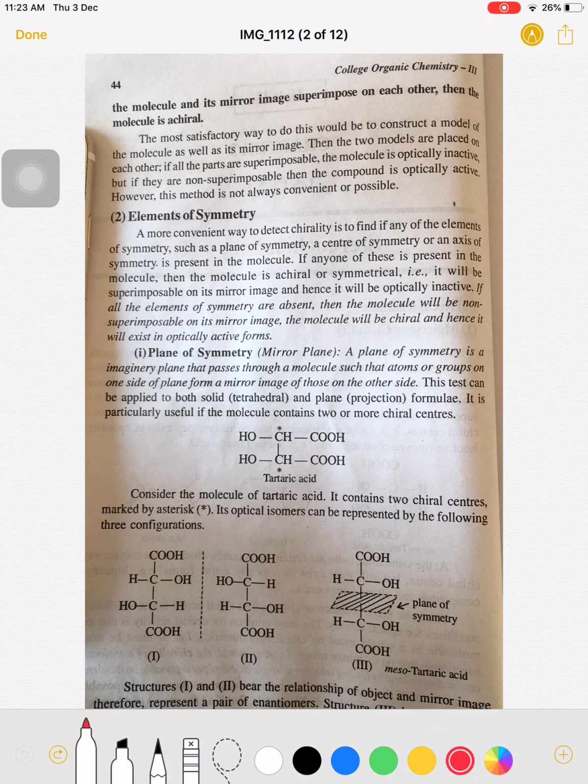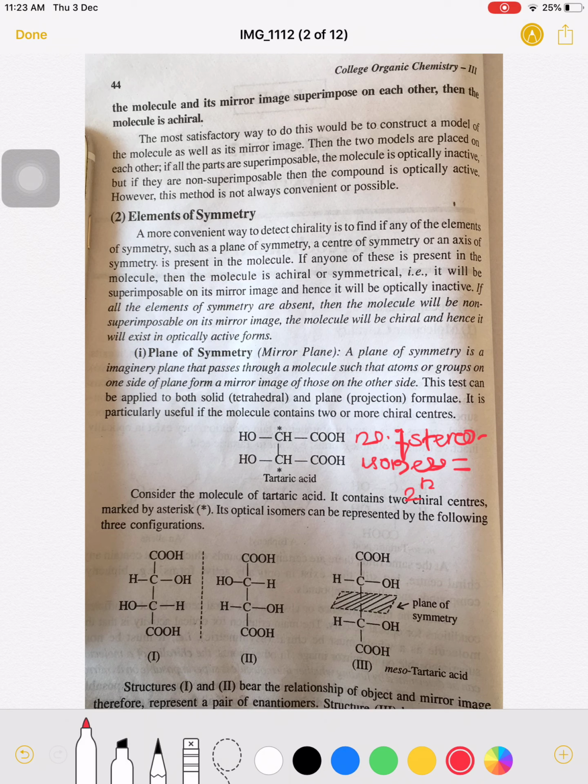This tartaric acid contains two chiral centers. Its optical isomers can be represented. We know, as we have just seen, that the number of stereoisomers is equal to 2 raised to n, where n is the number of asymmetric carbon atoms.